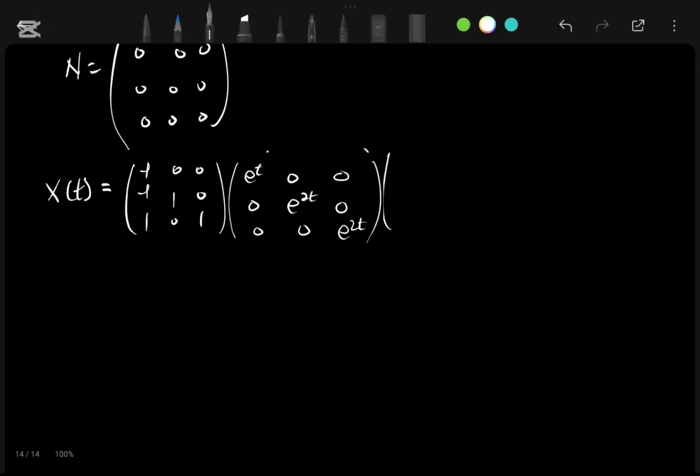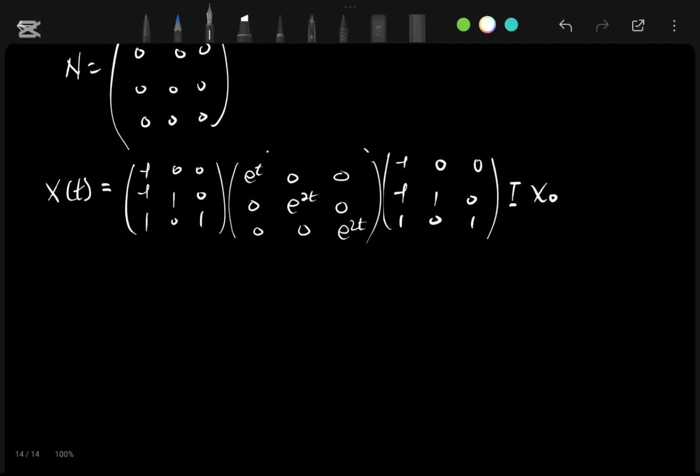And our P inverse is also minus 1, 1, 1, 0, 1, 0, 0, 0, 1. Multiplied by I, multiplied by x naught. You can simplify this and then get a matrix multiplied by x naught. That will be your solution.